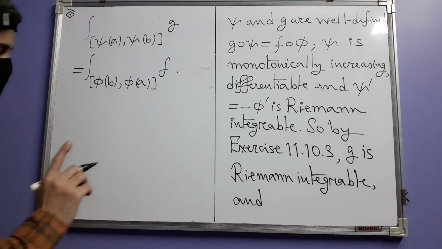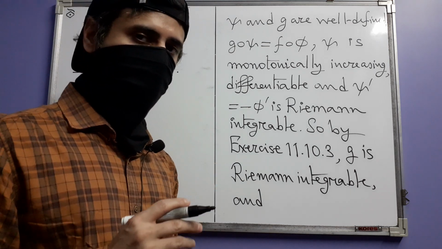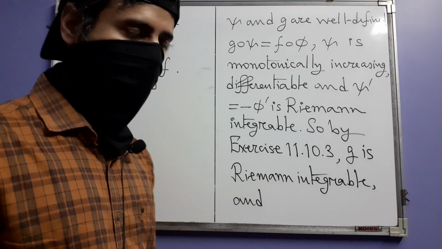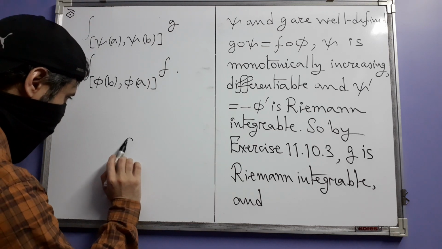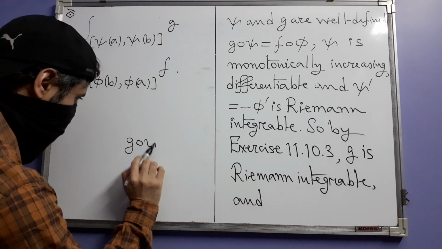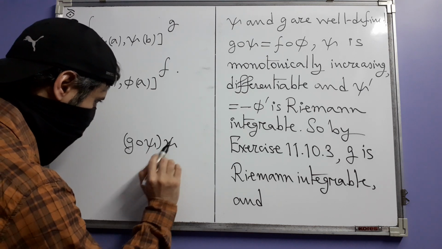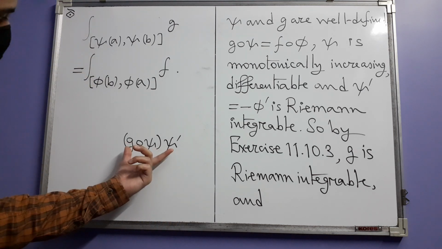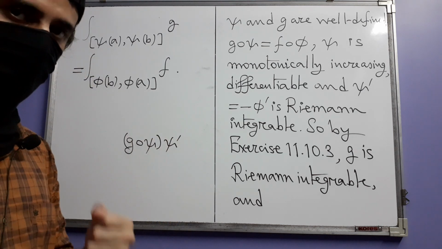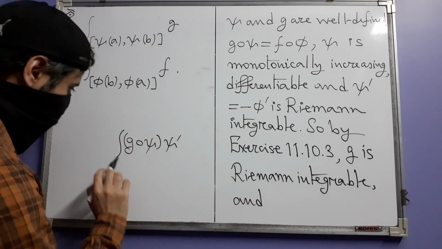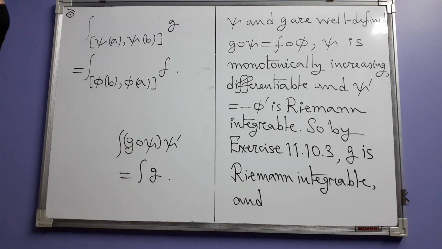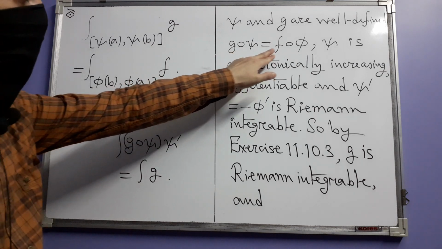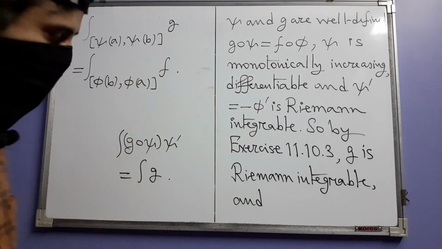And what does the change of variables formula 3 say? What is its conclusion? It tells us that g composition psi times psi prime, this function is Riemann integrable, and its integral is equal to the integral of g. However, this composition is just f composition phi.